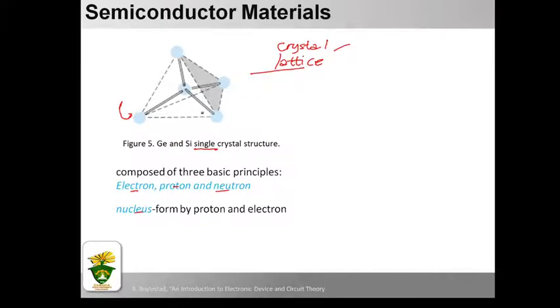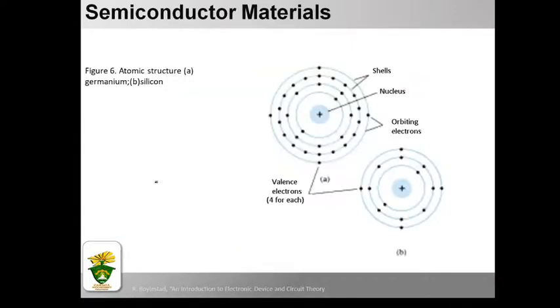I'll be showing you now the Bohr atomic model of the two most commonly used semiconductor materials, germanium and silicon.